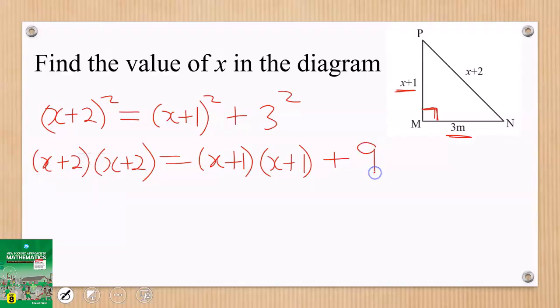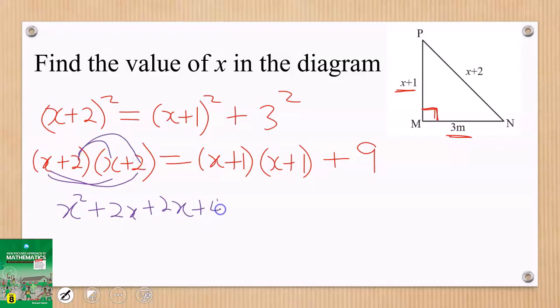So this, I can write 9 straight away here. Now, when we expand this, this will multiply this to give you x squared, and the same thing will multiply that to give you plus 2x. Then this will multiply this to give you plus 2x, and it will multiply that to give you plus 4.